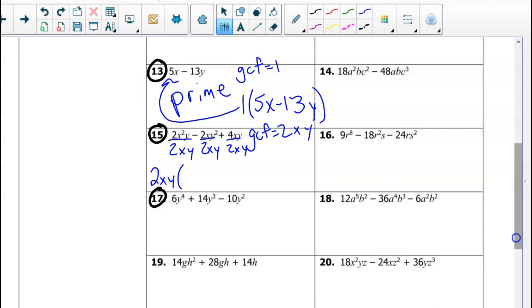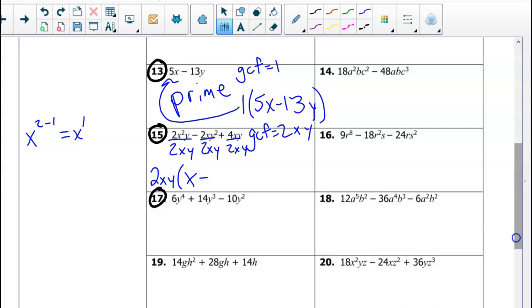For the first term, 2x squared over y, the 2's are going to cancel, the y's are going to cancel, x squared over x is going to leave me with just 1x. Remember your exponent rules. Negative 2xy squared over 2xy. The negative 2 over 2 is going to become negative 1. I'm just going to put the negative sign for right now. The x's are going to cancel, become 1.